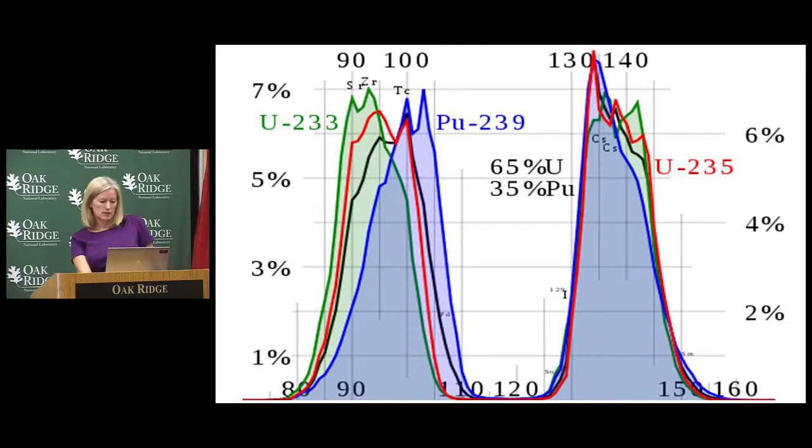For uranium, this is the amount produced, way less than 1%, about 0.1% of a yield. Then you come up to plutonium, and you're well into about 5% here. So this is one of the things that we're using to determine how much plutonium is in the fuel: what fission products are in the fuel.